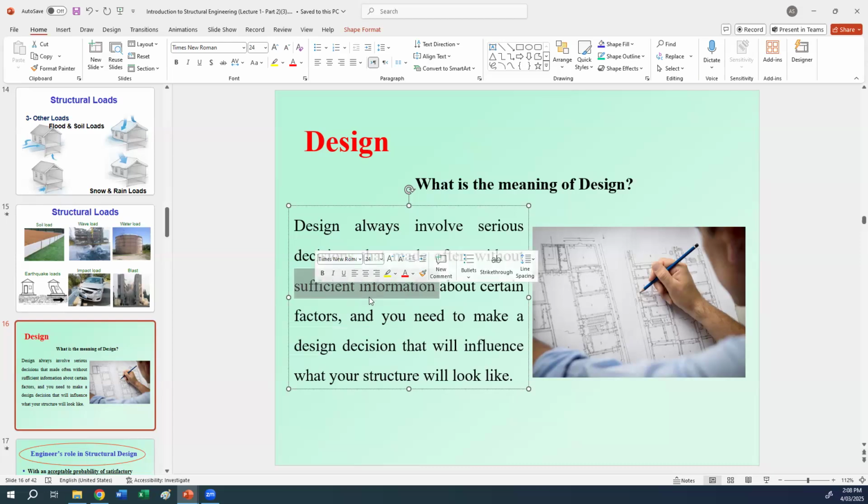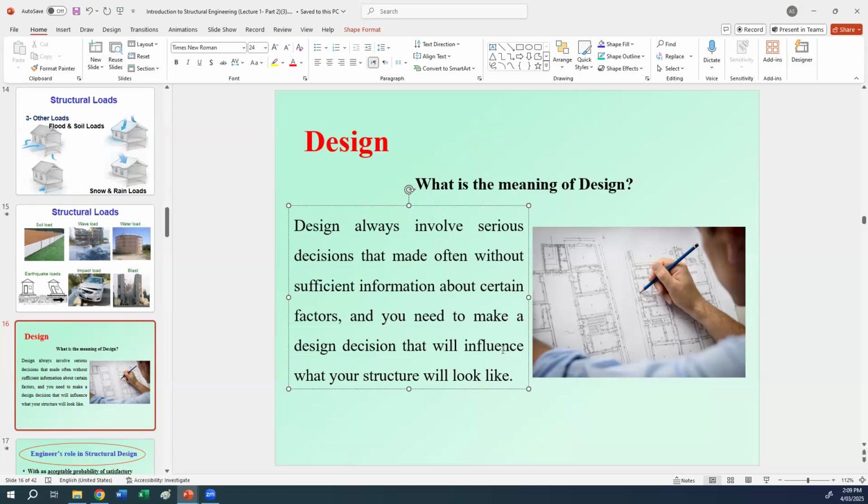So this is actually the main risk we face during design: we don't have 100% certainty about the applied load, and we are also not 100% sure about the quality of the material or the strength of the material we are using. So the design process needs to have a factor of safety margin, so that you don't risk designing at the exact values you estimate.